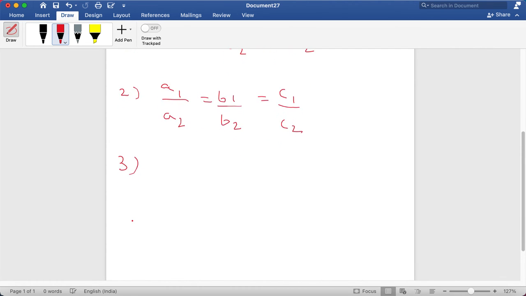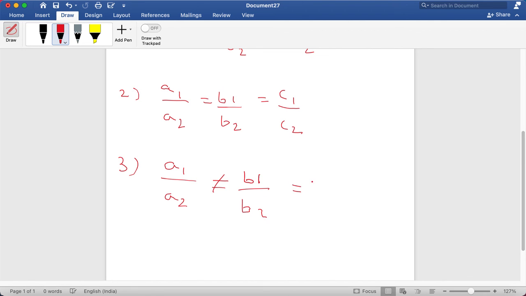Now, if we move on to the third part, if a1 by a2 is not equal to b1 by b2, then the two lines L1 and L2 intersect at one point.